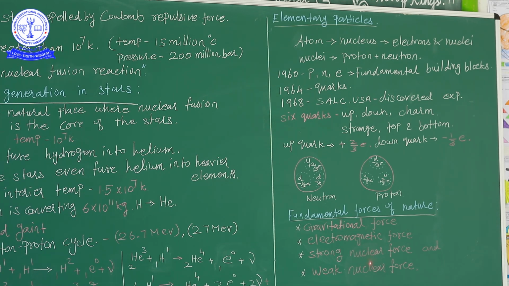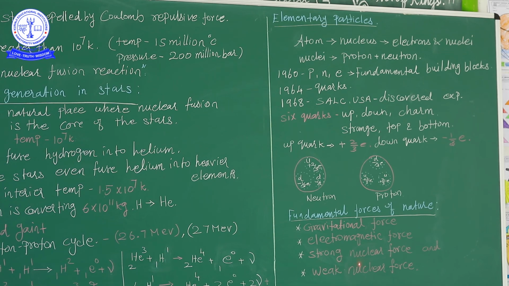The weak nuclear force is a short range force, inside the nucleus. The force plays an important role in beta decay and the energy production of the stars. Already we see the hydrogen proton-proton cycle, that means positive charges.